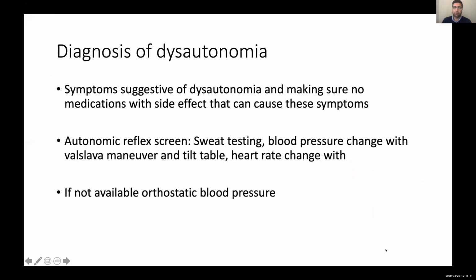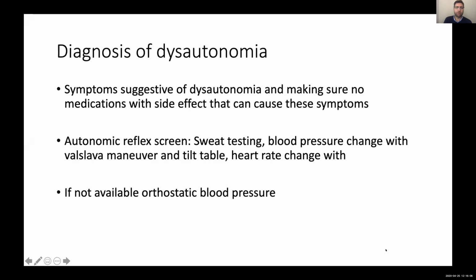So how do we diagnose dysautonomia? Again, through the symptoms that the patient may volunteer, but also with a careful review of systems, where we ask specific targeted questions to determine whether there's dysautonomia or not. The other thing we have to make sure of is that the patient is not taking medication that can cause side effects that look exactly like dysautonomia.